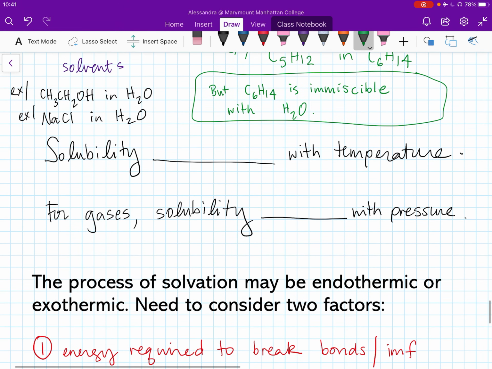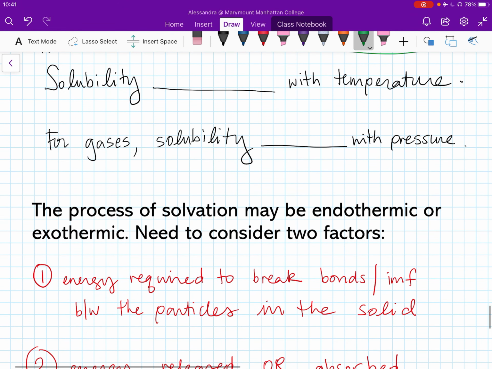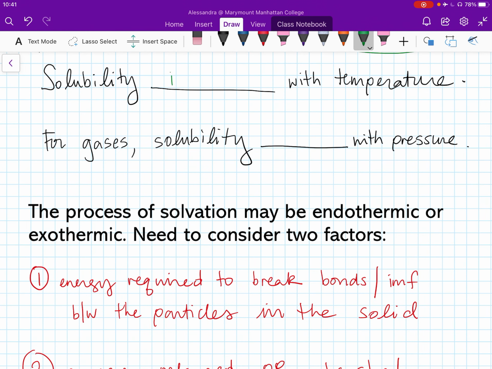Let's talk a little bit about temperature. As I said a moment ago, solubility increases with temperature for a given compound. So the higher the temperature, the more of your solute you're going to get to dissolve in a given volume of solvent. You can think about this. Is it easier to dissolve sugar in iced tea or in hot tea? Well, hot tea, of course.